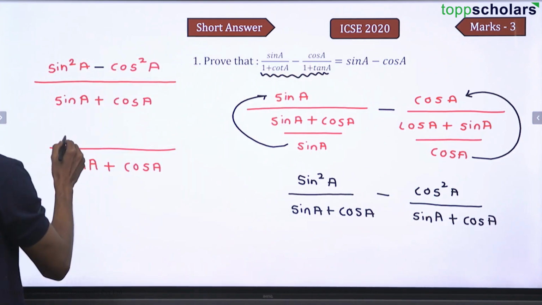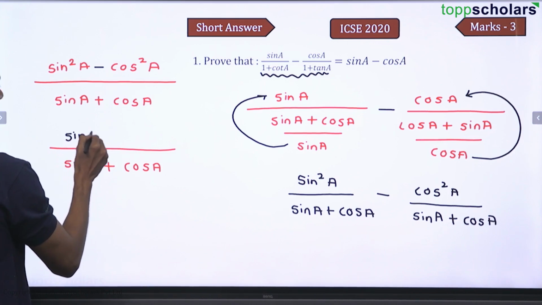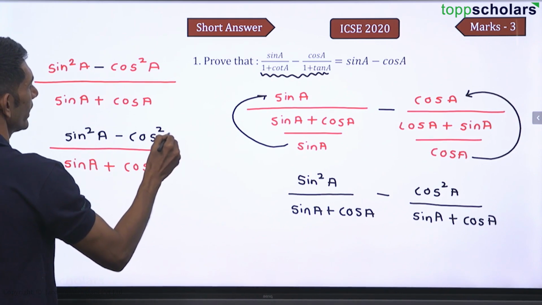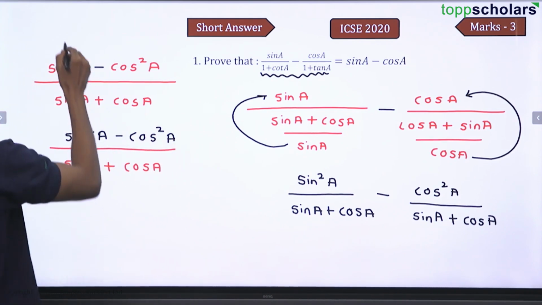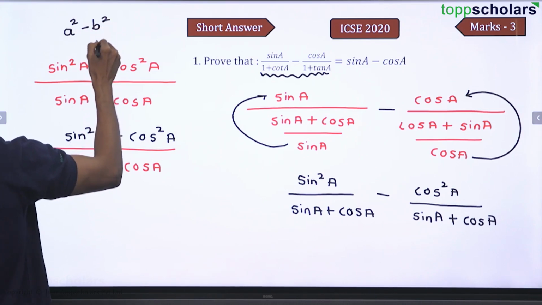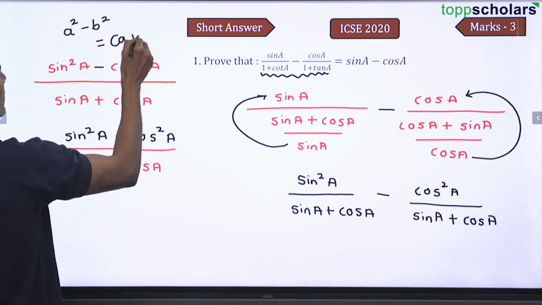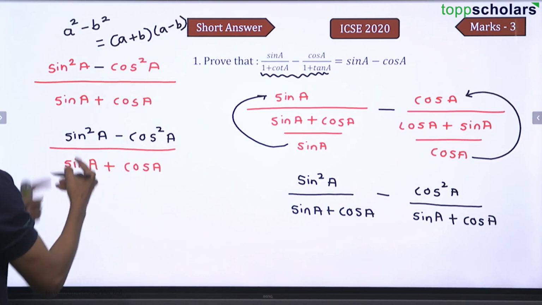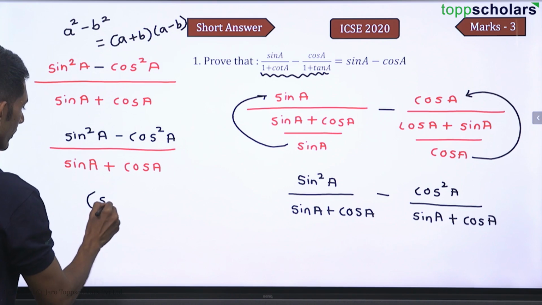So in the numerator we have sin square a minus cos square a. Now what is a square minus b square? That is a plus b and a minus b.